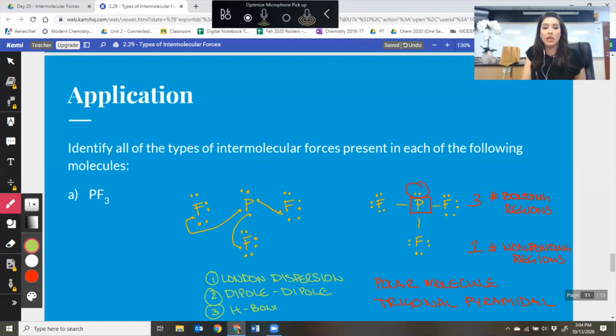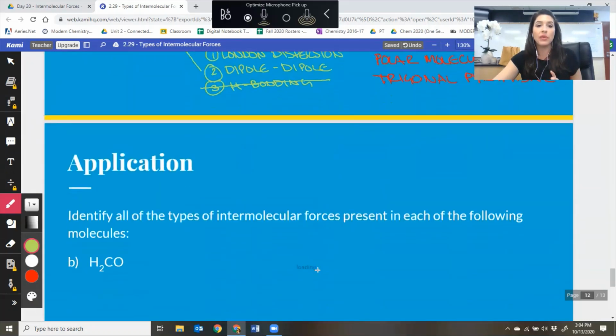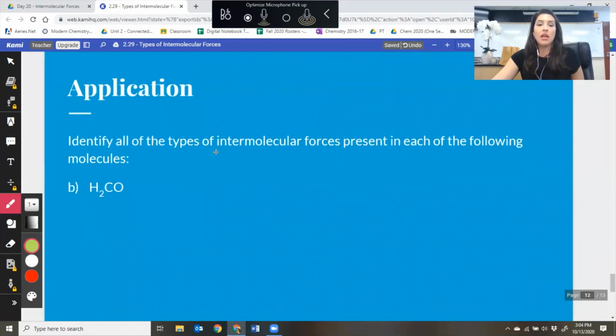Well, I don't see any hydrogens bonded to highly electronegative elements. So no, this one does not have hydrogen bonding. So the answer to this question, what types of intermolecular forces are present in PF3, is London dispersion and dipole-dipole.